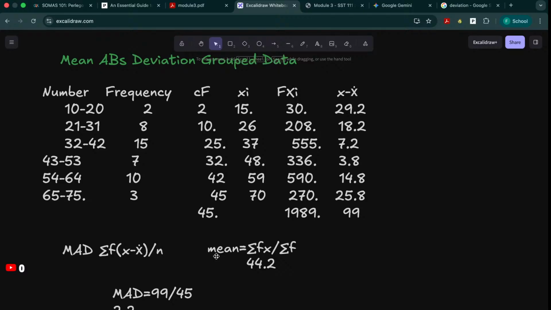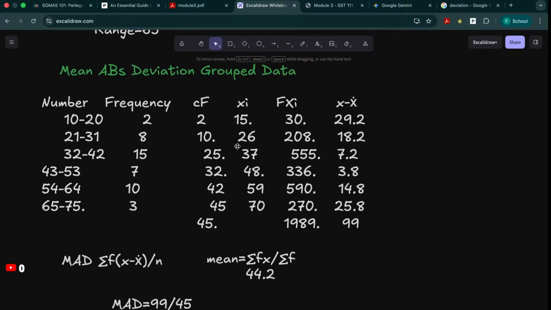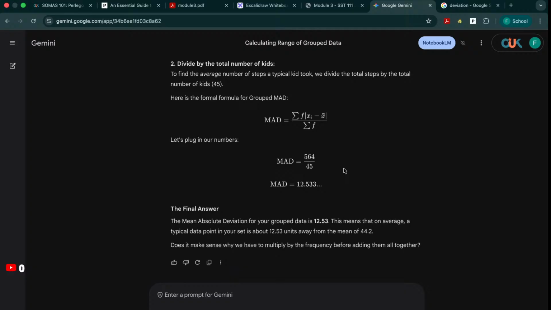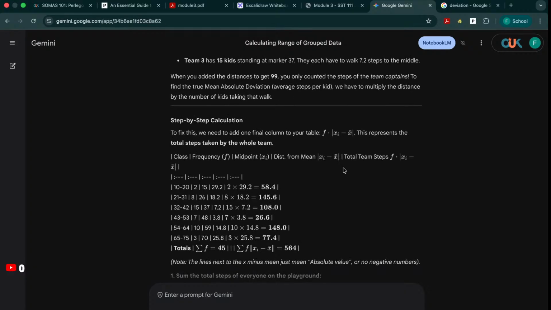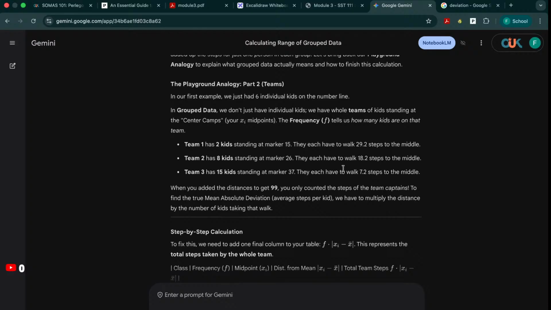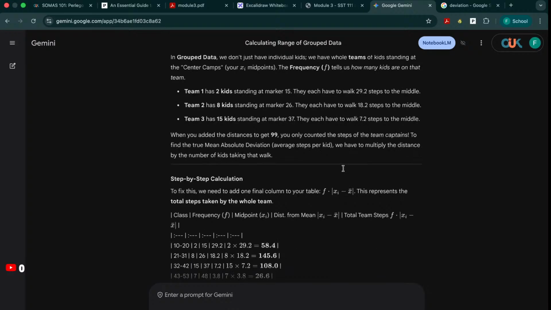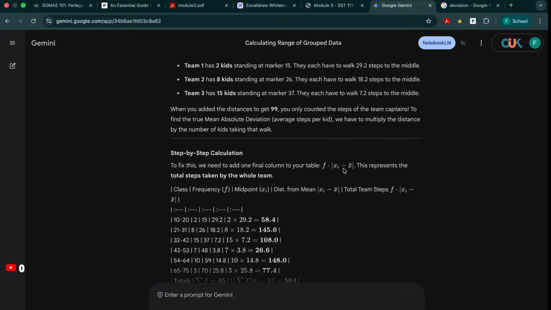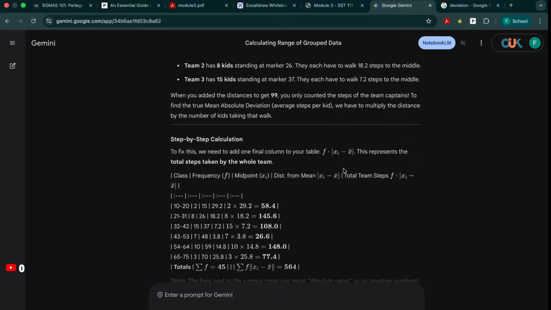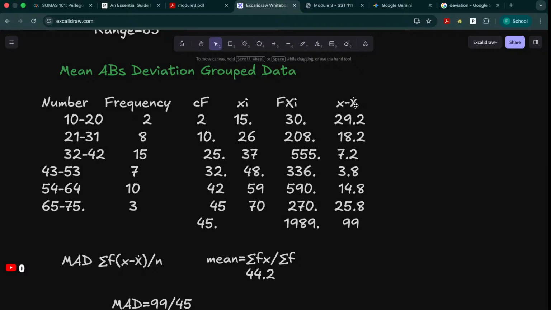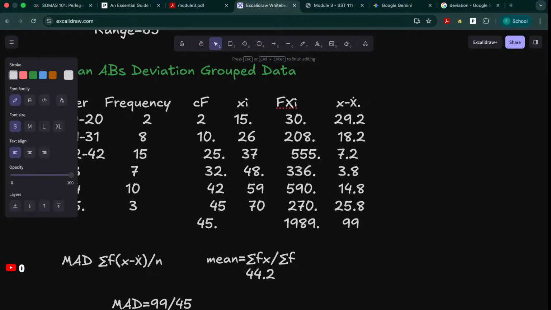So let's check our math. I forgot to do a column here, which is fx.